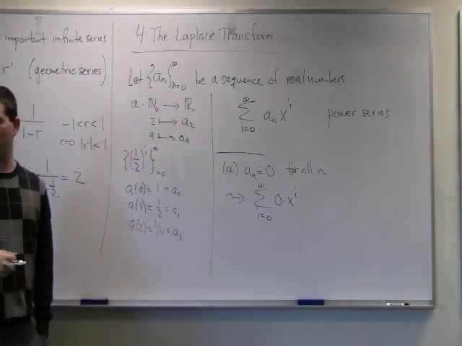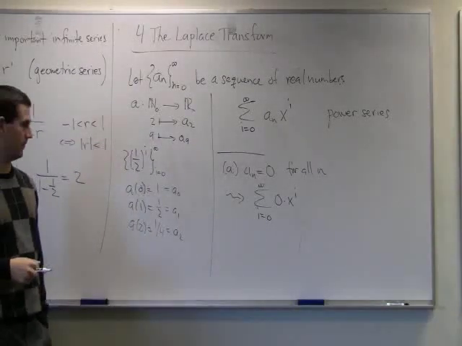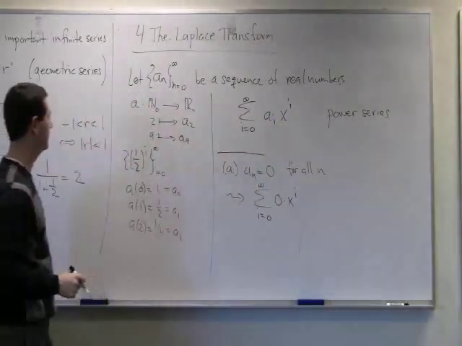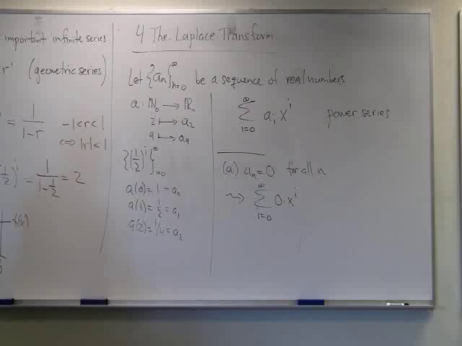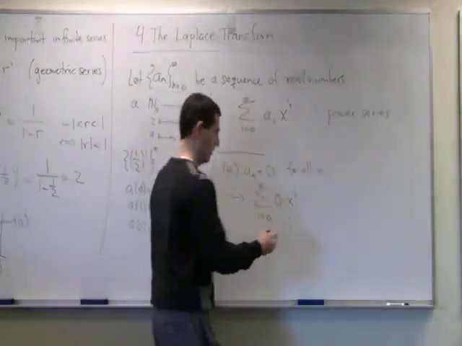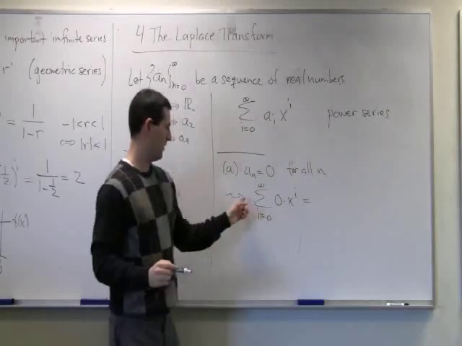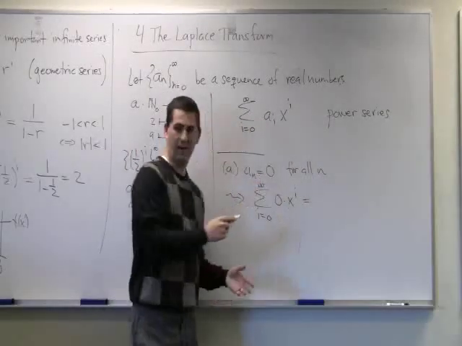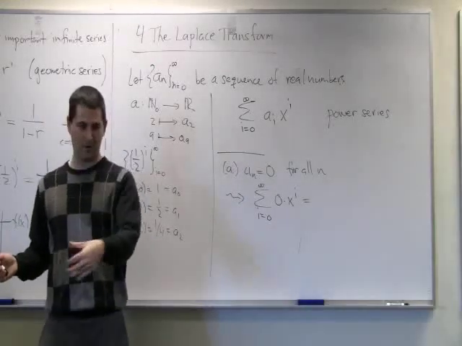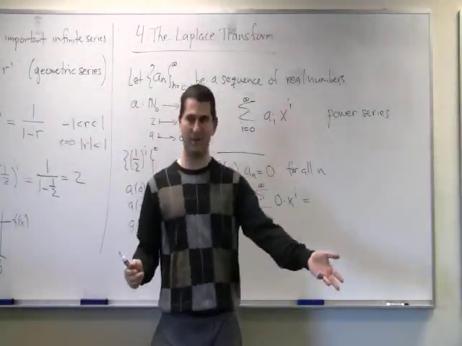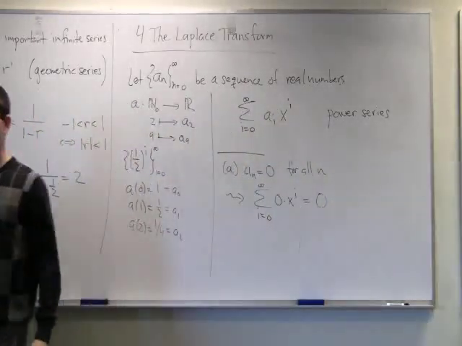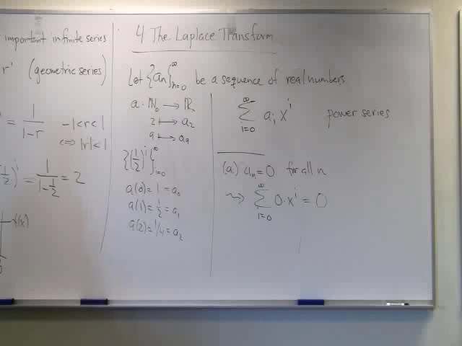The index should match the exponent, so it should be a sub i, x to the i. Of course 0 times x to the i is always 0. So this is an infinite series that's going to converge to 0, because the partial sums look like 0, 0 plus 0, 0 plus 0 plus 0, and so forth. It's always 0. That's not a terribly interesting one.